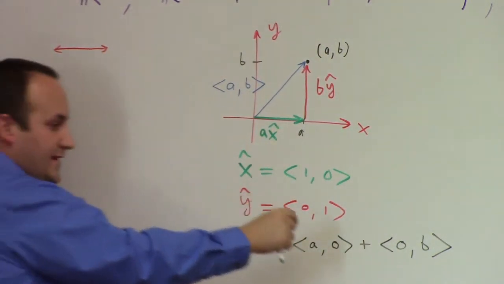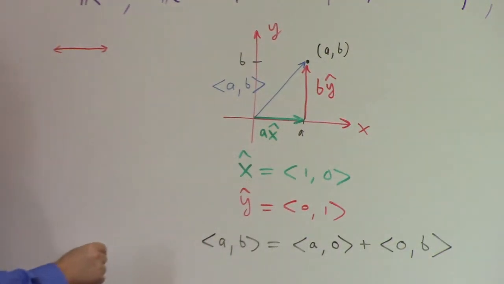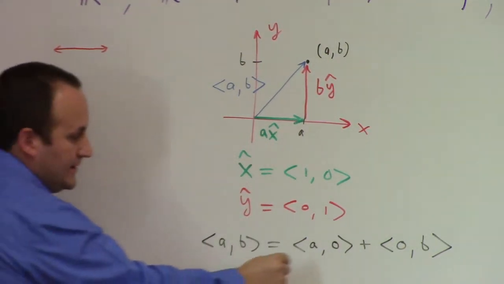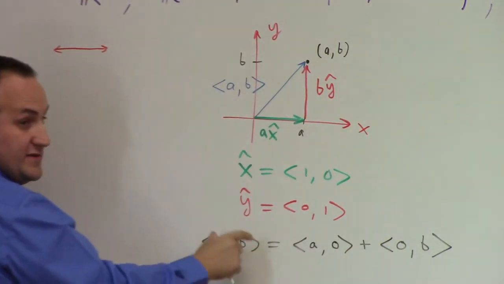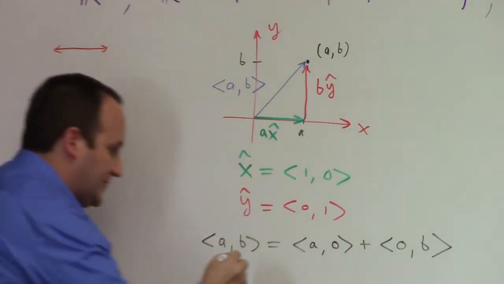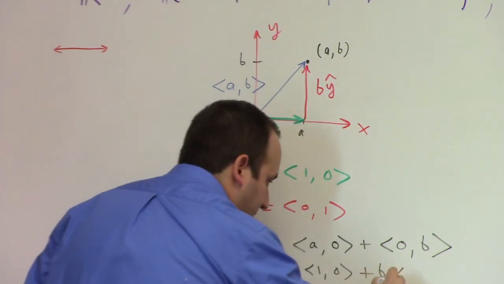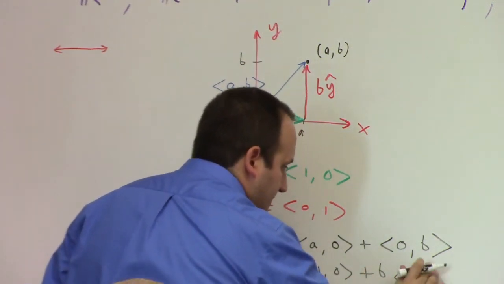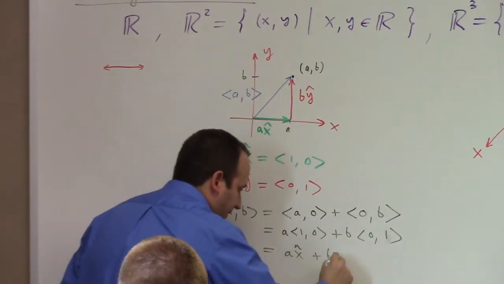You add the x component to the x component, the y component to the y component. I think I just introduced a new term, components, right? So if you add that to that and that to that, we get A plus 0, B plus 0, which is just AB. So this is an identity. But then scalar multiplication is defined so that you get A out here and B out there. And so there you have it, A x hat plus B y hat.